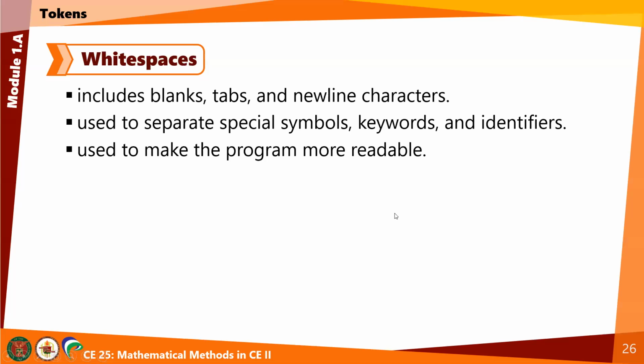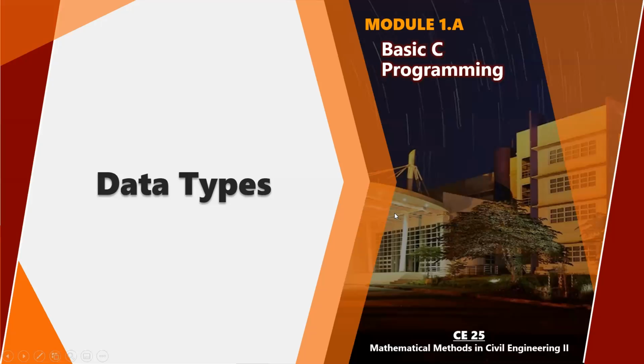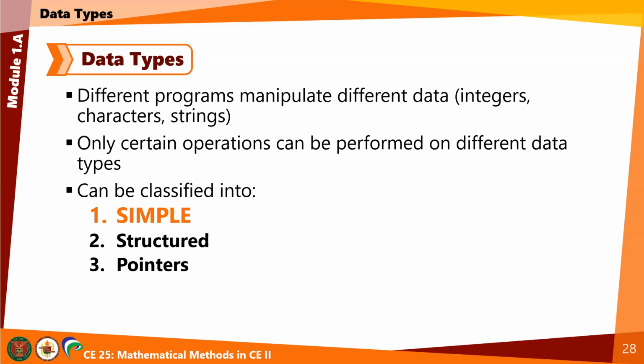Yan. Next, data types. Okay. Moving on to data types. So ito yung sinasabi ko kaninang, okay, there are three data types. One is simple, structured, and pointers. We're going to discuss structured and pointer data types in the last programming module.